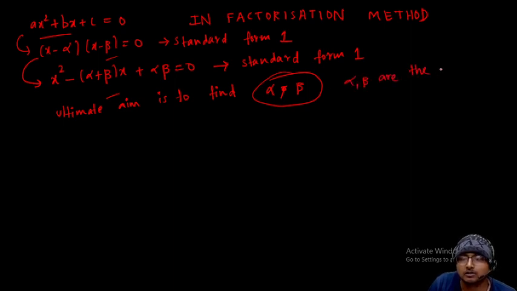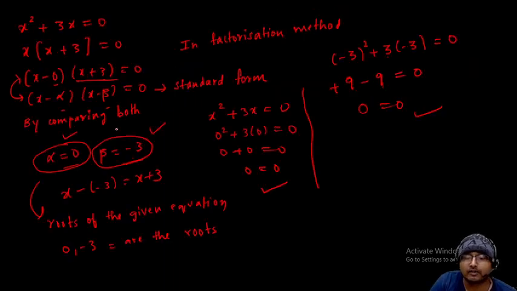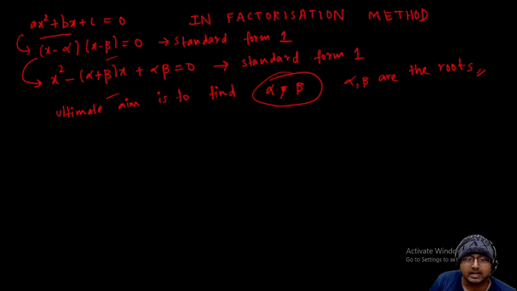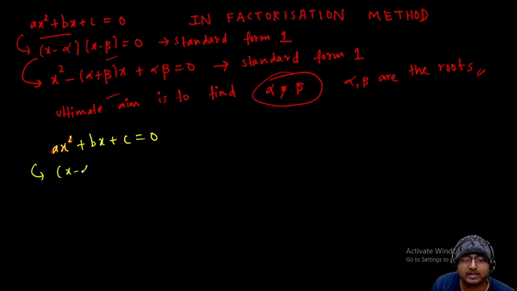because alpha comma beta are the roots. Okay, what I want to tell here is, as we have seen that ax square plus bx plus c equal to 0, we are converting into x minus alpha into x minus beta is equals to 0. This is a quadratic equation.